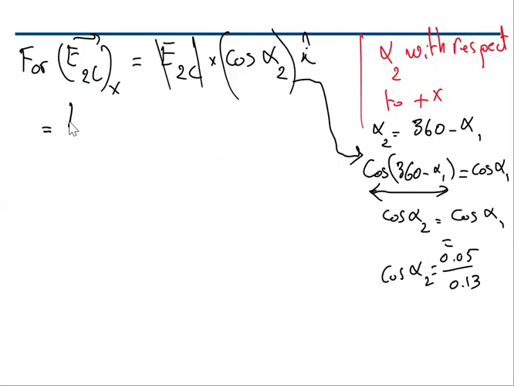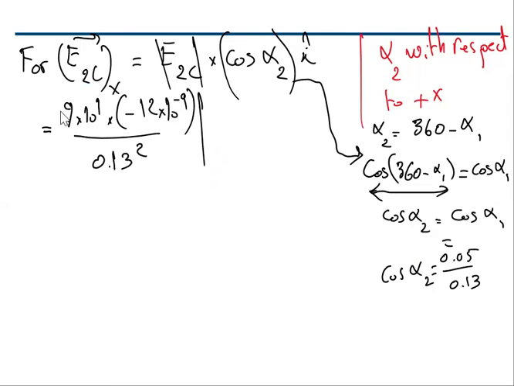So it would be 9 times 10 power 9 times negative 12 times 10 power negative 9 divided by the distance, the same 0.13 squared. But here, don't forget that it's the absolute value, multiplied by 0.05 divided by 0.13.